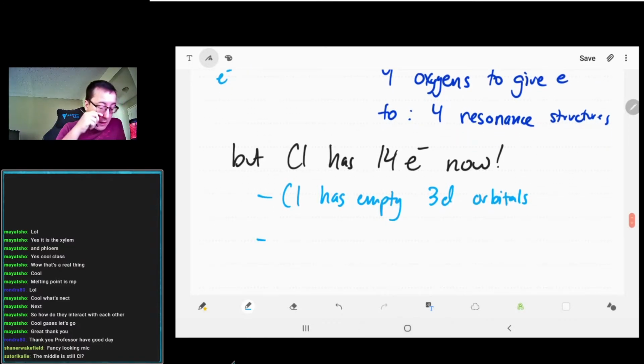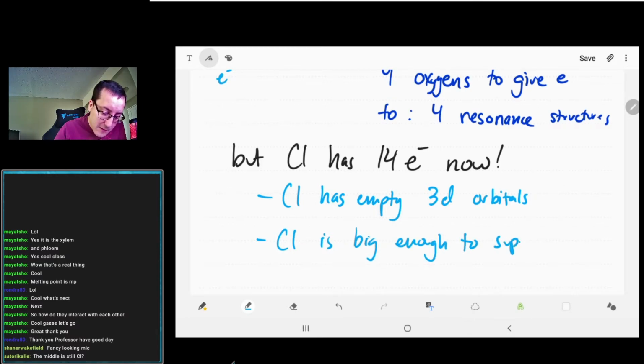There's another theory that's becoming more and more prevalent. It turns out this 3d orbital thing is now becoming more and more passé as people do crazy calculations. We're going to see that chlorine is also just big enough to support all these electrons.